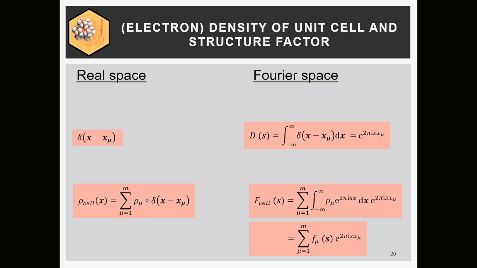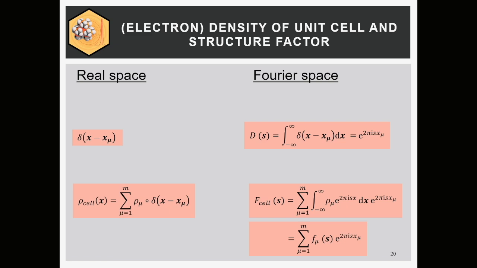So now we have the electron density. We had the electron density of a single atom. So how does it work for the unit cell? In the unit cell, of course, what we can do is sum up all the densities, which are point densities, because there's a physical reason we're allowed to do it.